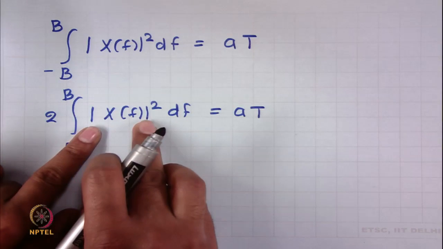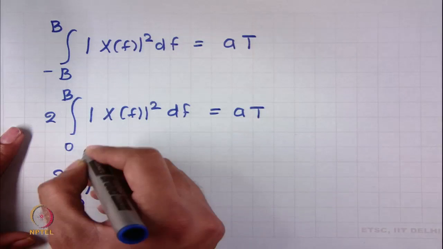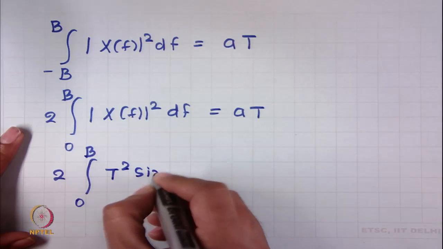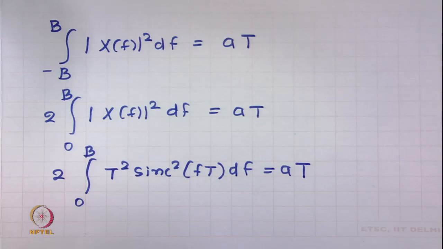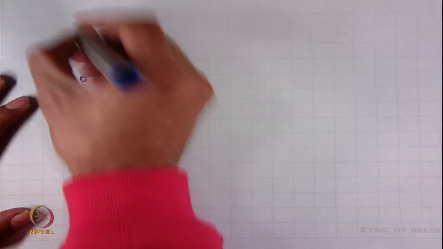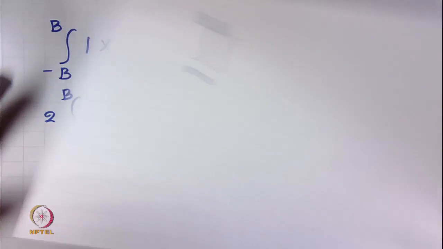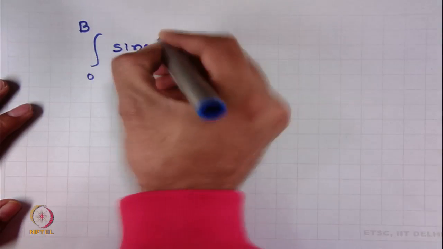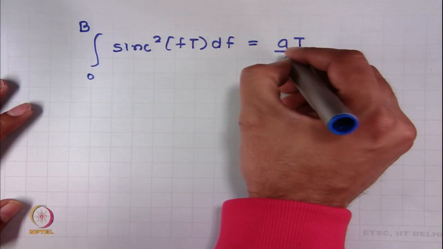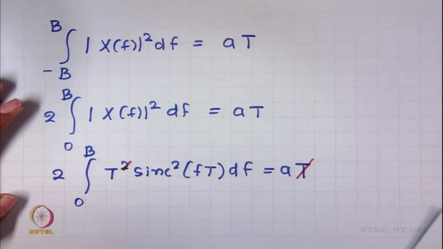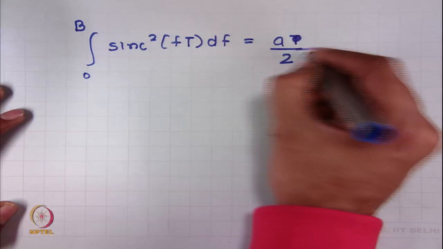Substituting the value of mod of X(f), we get, and now we see that T cancels with 1 T, and finally what you have to solve for is this expression. So, a T has to come in here.